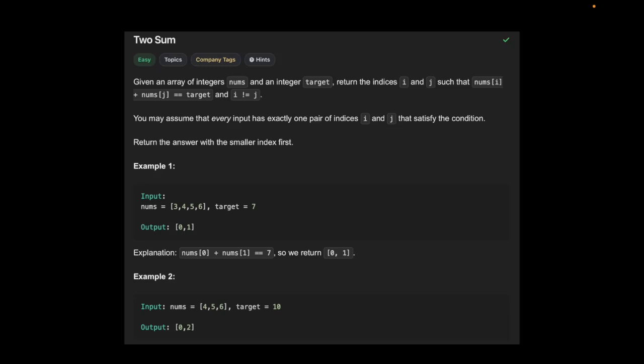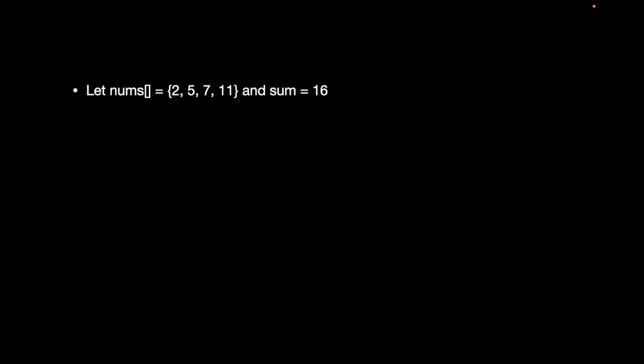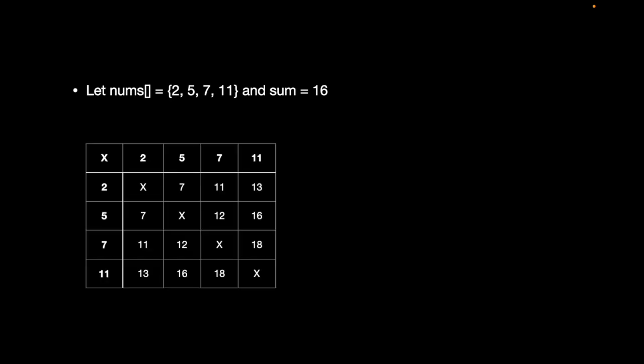Now there are two methods which I like to use to solve this question. The first is the brute force approach. Let's take an example, 2, 5, 7, 11 and the sum being 16. I've made this table where 2, 5, 7 and 11 are on both axes, with the sums in between.